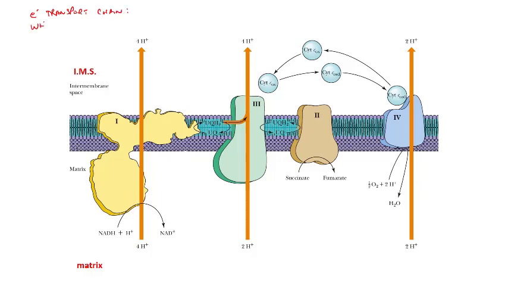Okay, where and when? It is on the inner mitochondrial membrane. When NADH and FADH2 and oxygen are abundant.